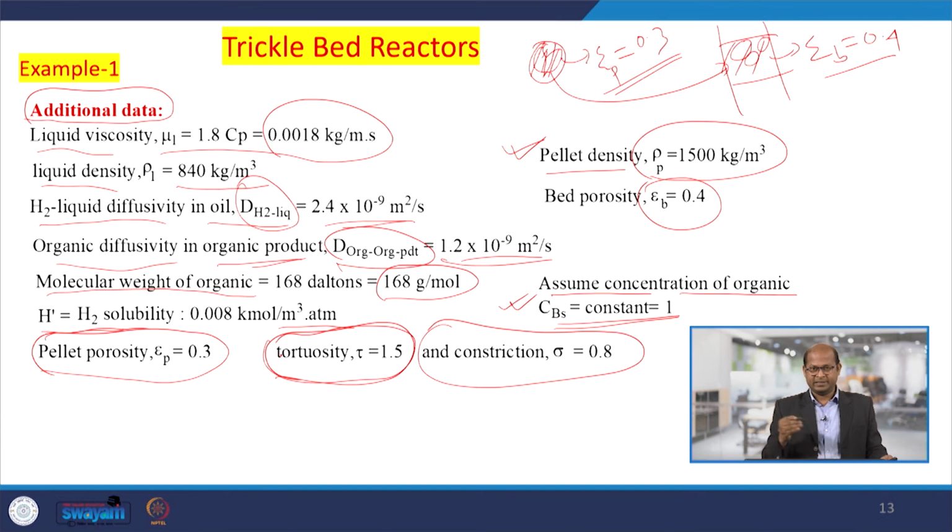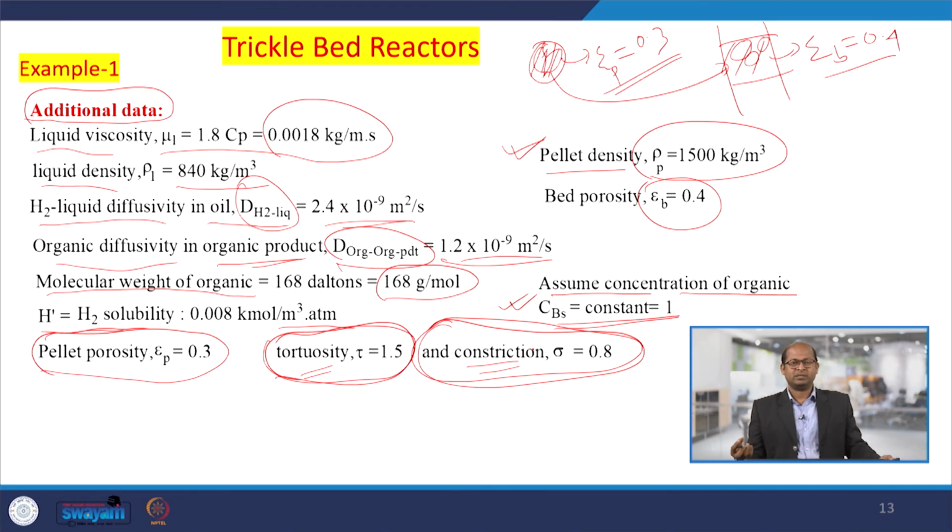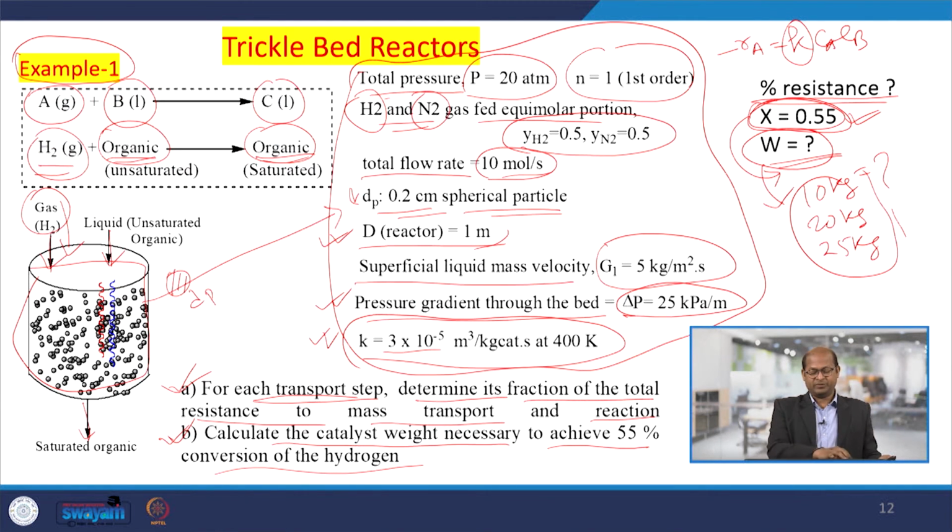To know the effective diffusivity inside the pore, the tortuosity and constriction factors for this porous catalyst are given. So that is known.